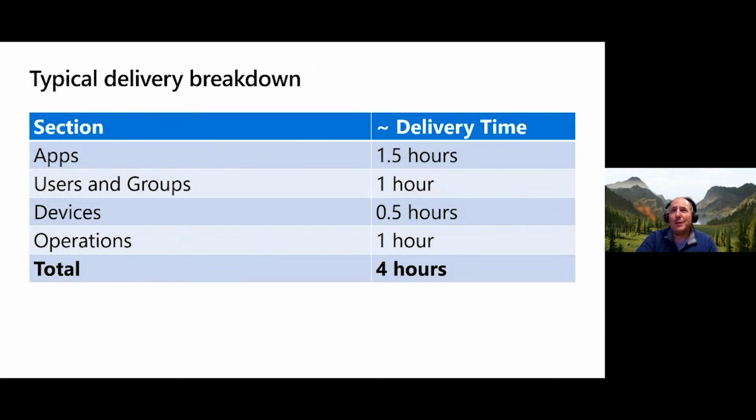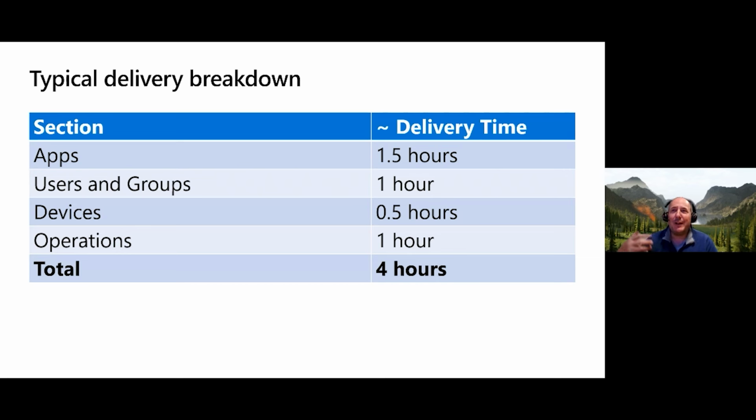When you're planning your workshop from a time perspective, for identity in general, we plan about a 4-hour block of time, and you can split it into two-hour sessions if needed. But we try to look for a 4-hour workshop for identity, and that's taking about an hour and a half for applications. That's the first part of the identity pillar.